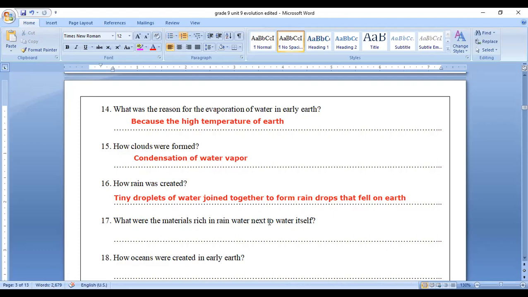Salt, minerals. You can call it salt also, but the book is using the word mineral. For that only your school teacher is going to give you marks. She will not give you marks for salt.